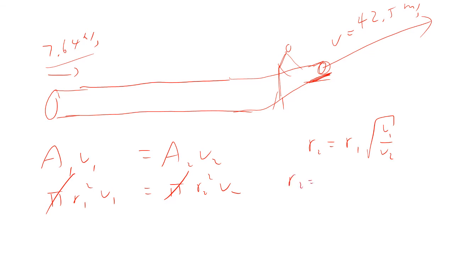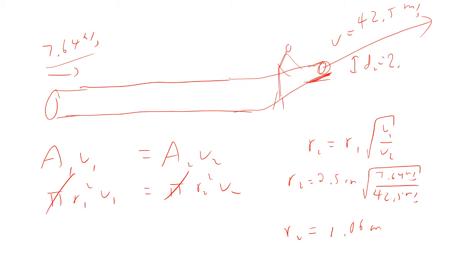So R2 is equal to 2.5 centimeters times the square root of 7.64 meters per second divided by 42.5 meters per second. So R2 comes out to be 1.06 centimeters. So the diameter of the opening here is going to be 2.12 centimeters. And so that's the nozzle.